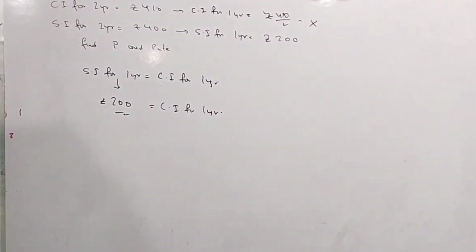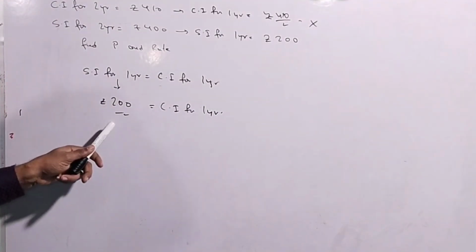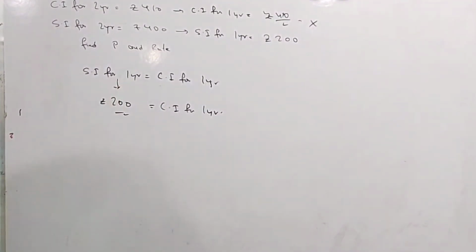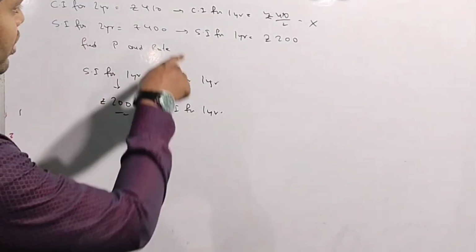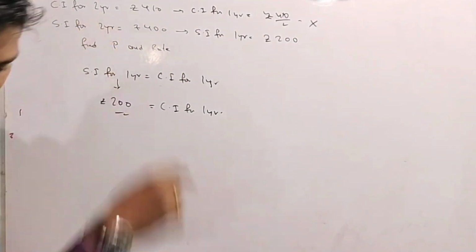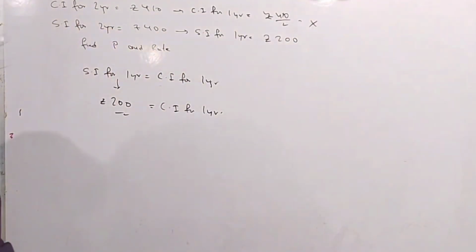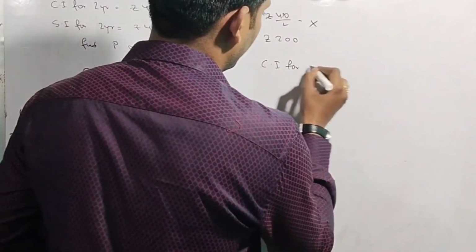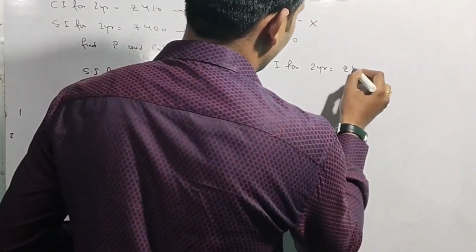Now what we will see is the difference. Okay, 2 years we understood. So this one is 200 and this is 210. Now what we have to do? This is the compound interest for 2 years. CI for 2 years is equal to rupees 410.